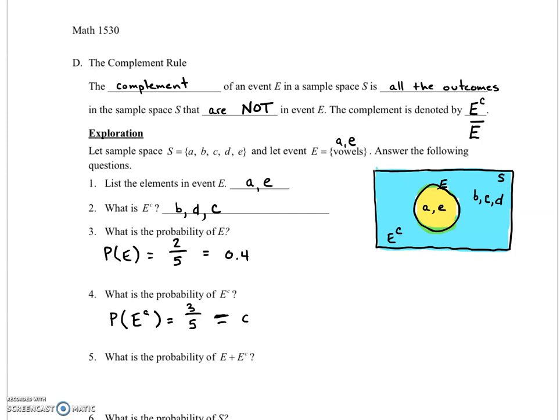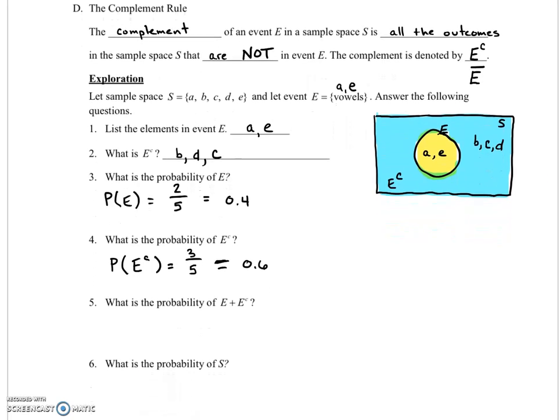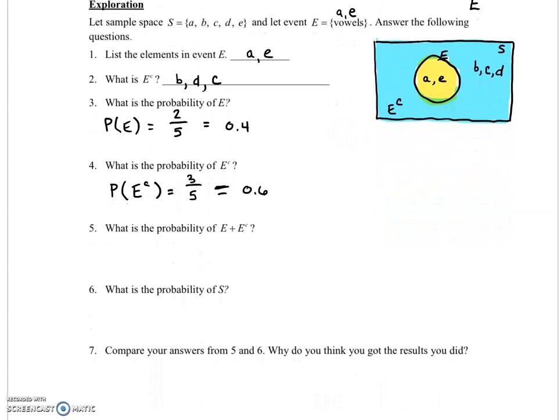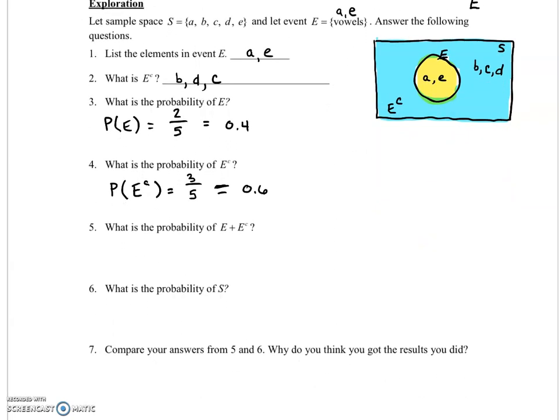So that equals 0.6. So what's the probability of E plus E complement? So the probability of E plus the probability of E complement is 0.4 plus 0.6, which is 1.